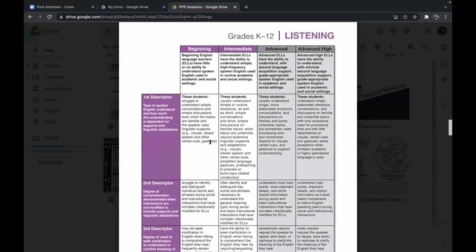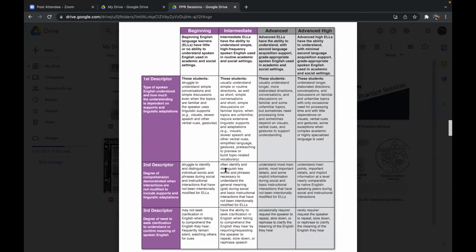And you look at them, Mr. Perez, holistically. That means that you don't just take one descriptor. You look at it holistically. Well, okay, they understand simple or routine directions, but they struggle to identify and distinguish individual words. So maybe they're not yet at beginner.